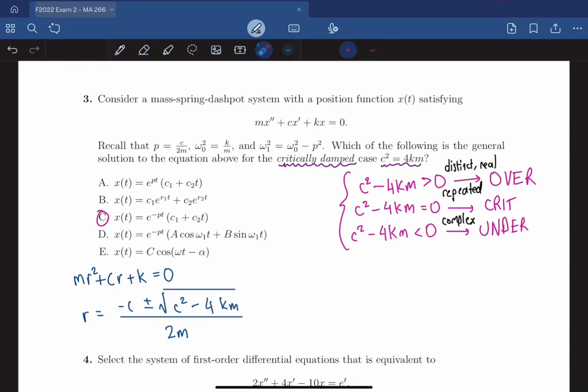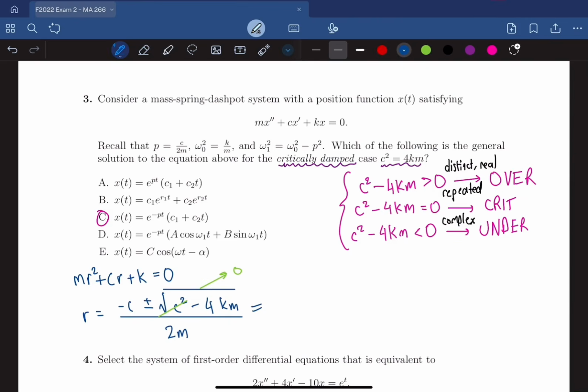So hopefully this makes what I was saying earlier a little bit less confusing. We have c squared minus 4km here inside the square root, and we are given that c squared equals 4km. So essentially c squared minus 4km equals 0 if we just rearrange that, which turns this radical into a 0.